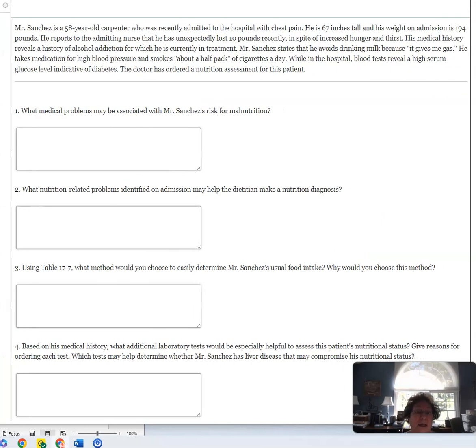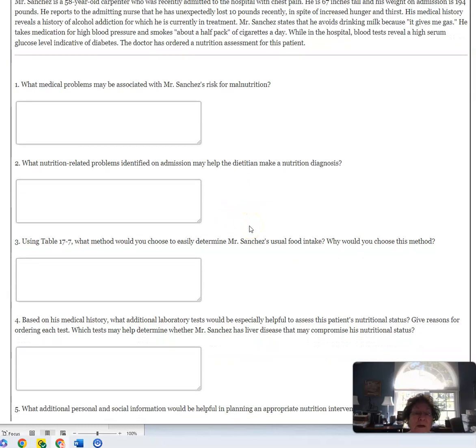Our case study is about a 58-year-old carpenter named Mr. Sanchez. It gives you some data here, but you'll see the questions. We're exploring first, what are the medical problems related to this patient? But then the second question asks, what about the nutrition-related problems? That's what we really want to get to. We'll talk through some of the possibilities of answers to these questions on Tuesday evening.